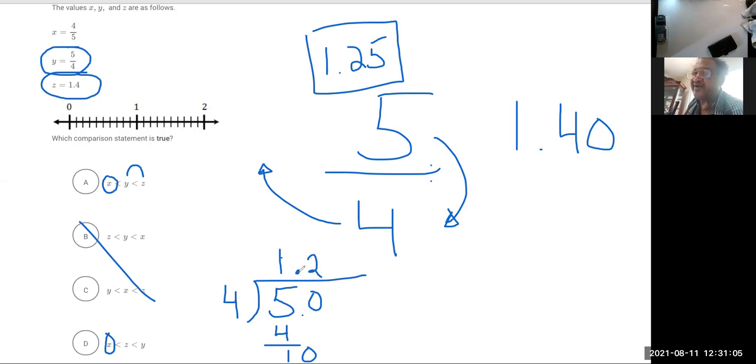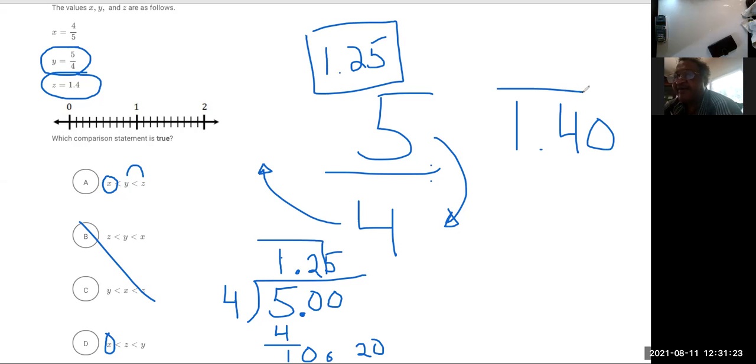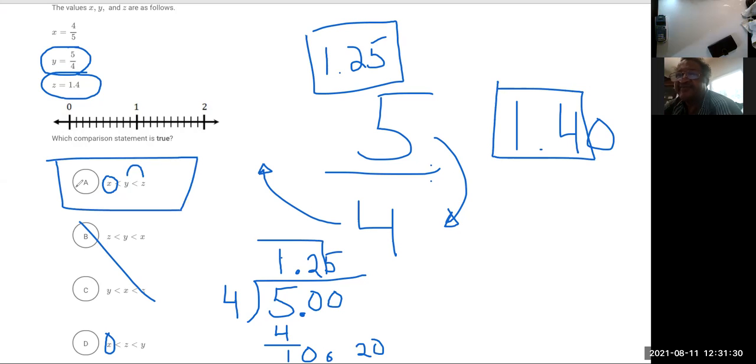I got to remember to put my little dot there, line up my stuff there. I'm running out of room, sorry. 10 minus 8 is 2. Bring down that 0. 4 goes into 20 5 times. I didn't even have to do that last step because I can see that $1.20-something is a dot less than $1.40-something. So that bit of work, we can get that right 100% of the time.